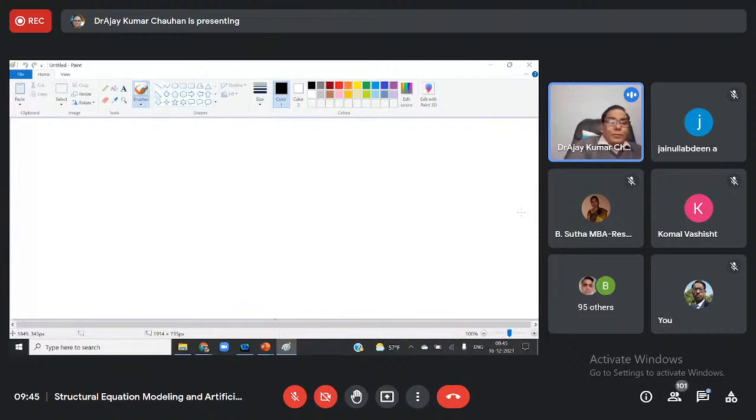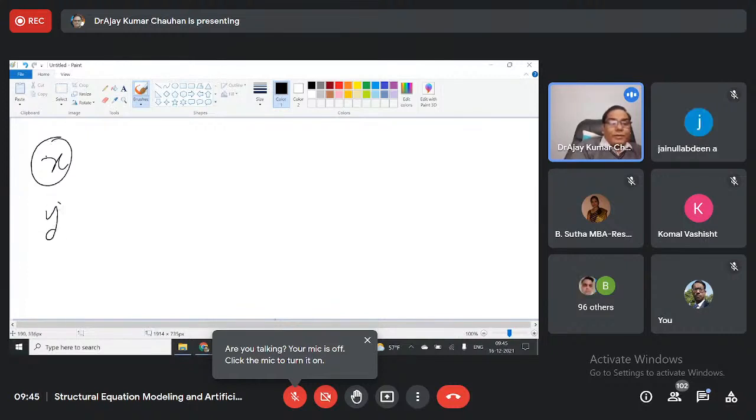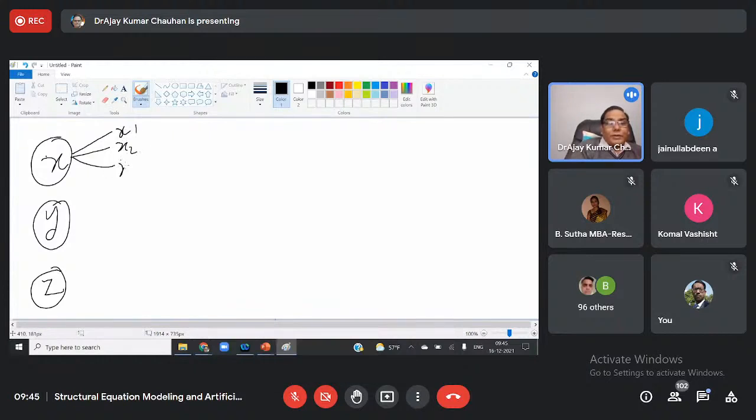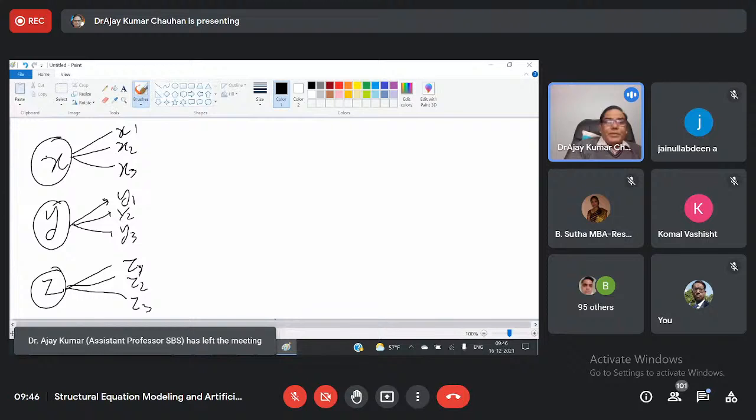Now suppose I have three zero order constructs here, x, y, and z. X is measured by three items, x1, x2, x3. Y is measured by three items, y1, y2, y3, and z is also measured by three items, z1, z2, and z3. So this is a measurement scale.